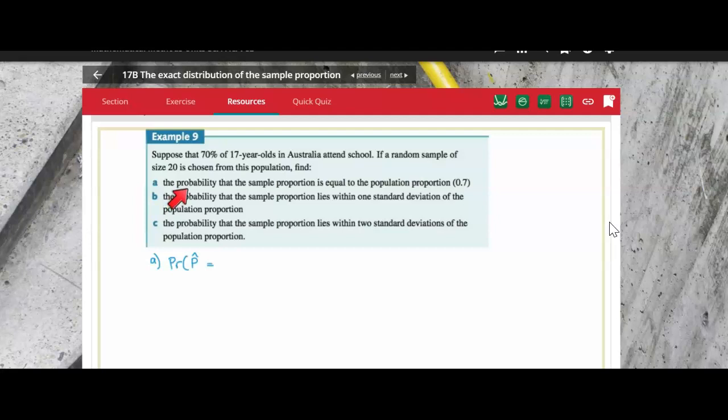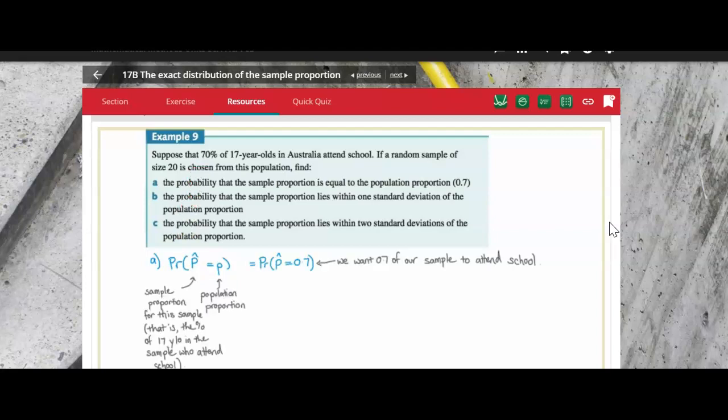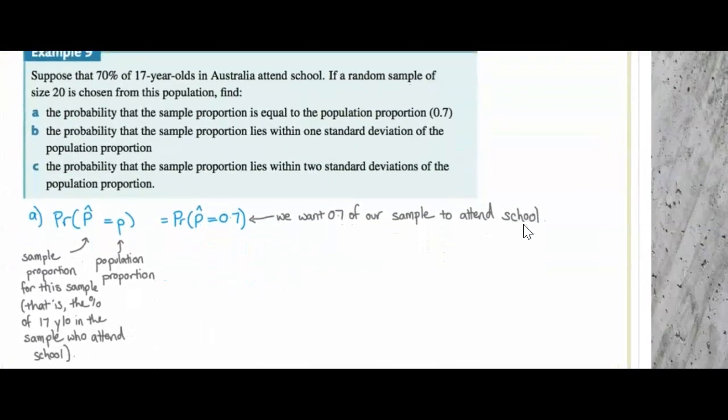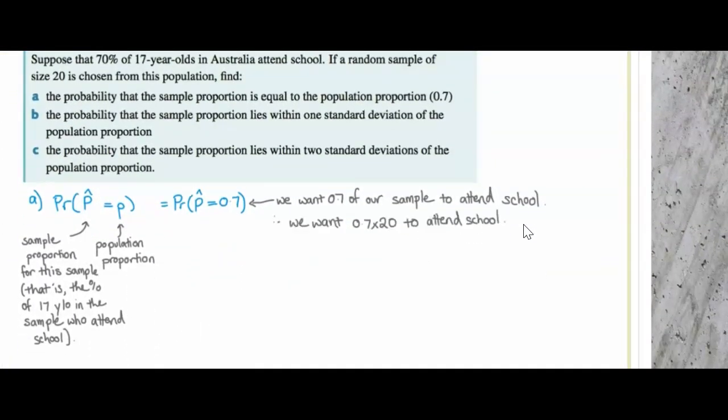So the first question asks us to find the probability that the sample proportion, i.e. p hat, is equal to the population proportion.